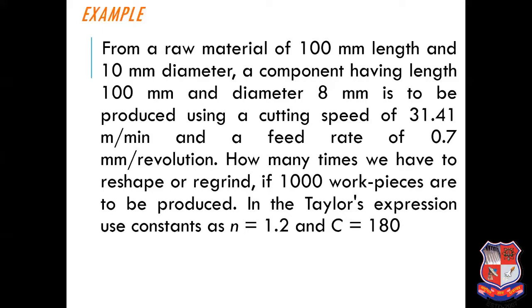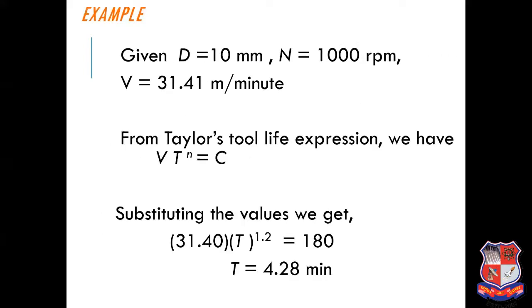Cutting speed V is given 31.41 meter per minute. Feed rate is given 0.7 millimeter per revolution. So how many times do we have to resharpen or regrind if 1000 workpieces are to be produced? In Taylor's expression, use n equal to 1.2 and C equal to 180.